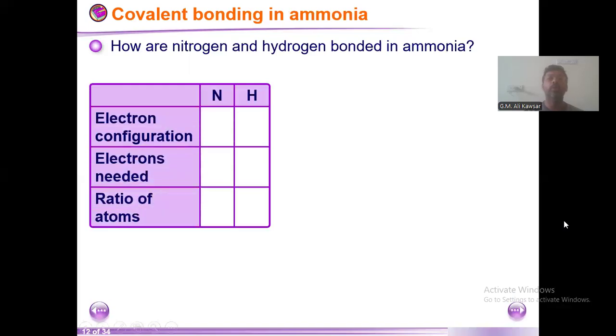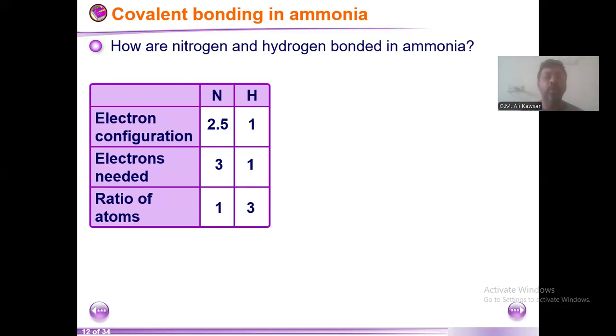In the ammonia molecule, we know that nitrogen's electronic configuration is 2, 5 and hydrogen's is 1 only. So nitrogen needs 3 more electrons to get the configuration of neon. On the other hand, hydrogen needs 1 electron more to get the configuration of helium. If we exchange the number of electrons, you will get the ratio of nitrogen and hydrogen required.